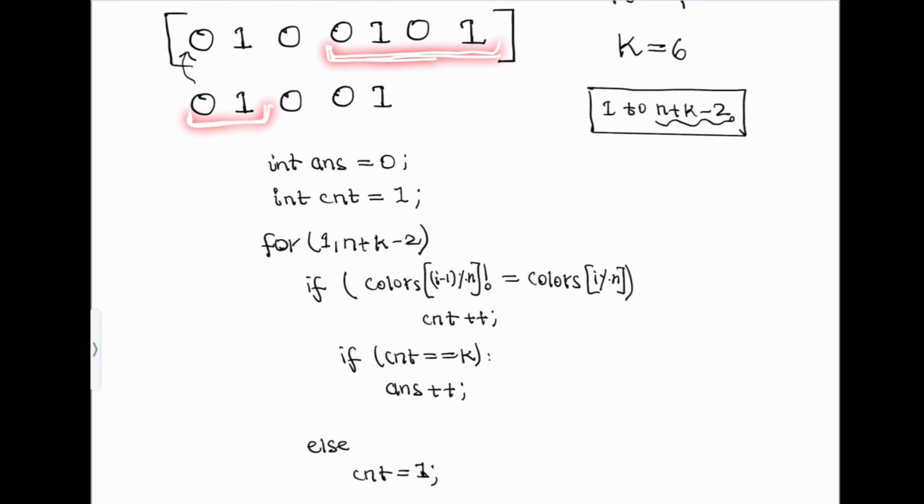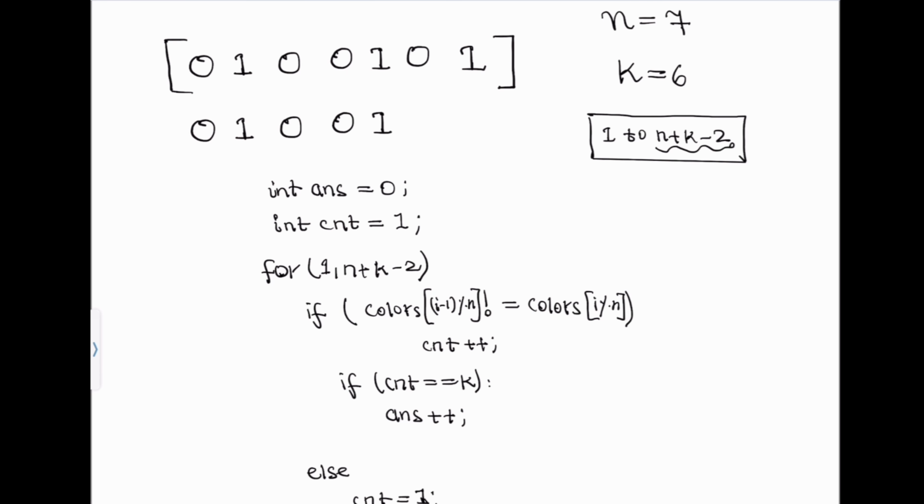The first time the value of count becomes equal to 6 is when we are including this part of the array. So when the value of count becomes equal to k, which means the value of count becomes equal to 6, we are incrementing the count of our alternating group. Okay. So when does this count become equal to 6 for the first time?